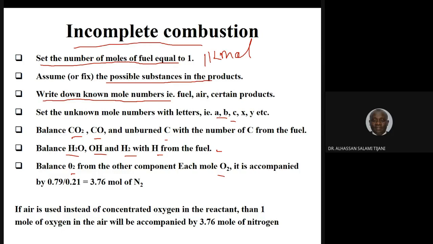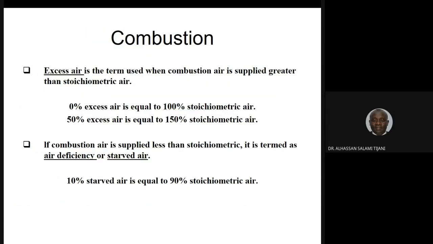All right. So now, in combustion, excess air is the term used when the combustion air supplied is greater than the stoichiometric air. All right. So whenever we say 0% excess air, it is equal to 100% stoichiometric air.